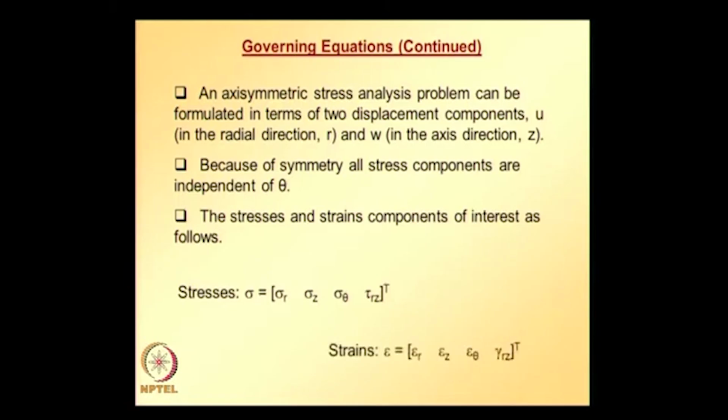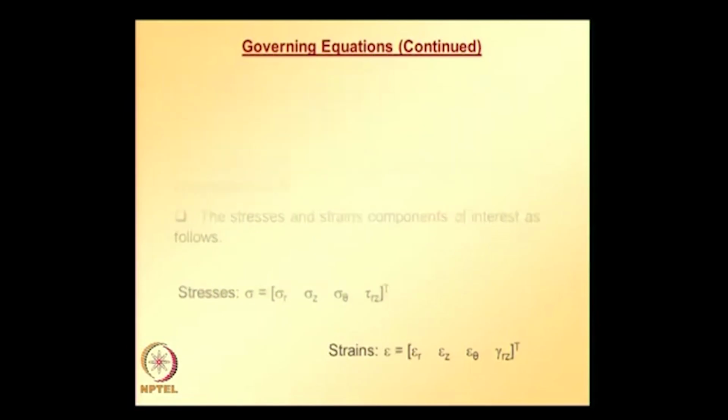Similarly strains, epsilon r, epsilon z, epsilon theta, gamma r z, put together in a vector denoted with epsilon. So 4 components of stresses, 4 components of strains. And under small displacement and strain assumptions, the strain displacement relation can be written as follows.